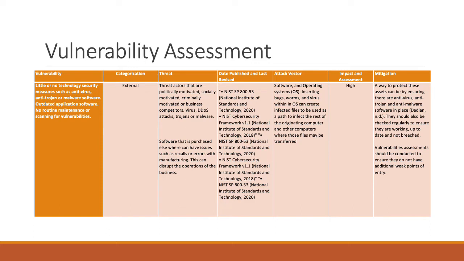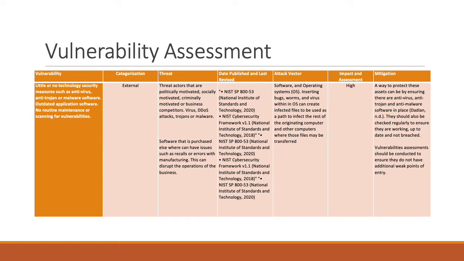Next, we're going to talk about vulnerabilities in software. Potential vulnerabilities include little or no technology security software such as antivirus, anti-Trojan, or anti-malware software, and outdated applications with no patching or no schedule for any type of updates.